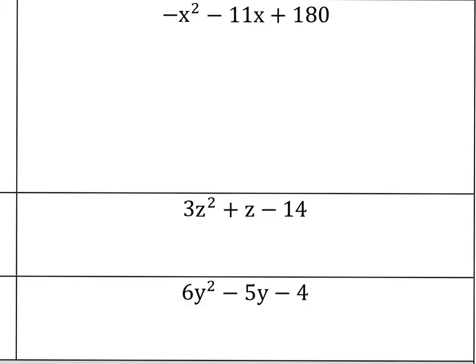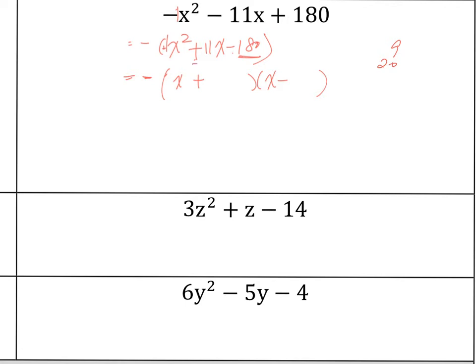Okay, let's do another practice with the negative 1 coefficient. Factor out the negative sign. Okay, and now this is easy because you have a positive 1 coefficient here. So remember the negative sign, positive, negative, x plus, x negative. And I see that I can use 9 and 20.